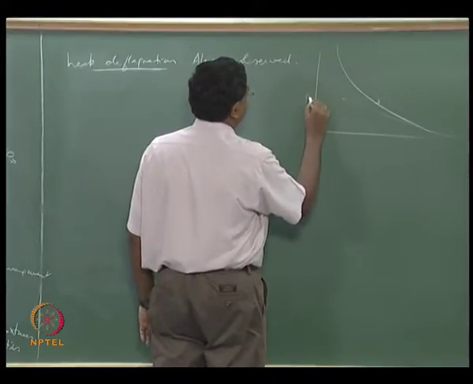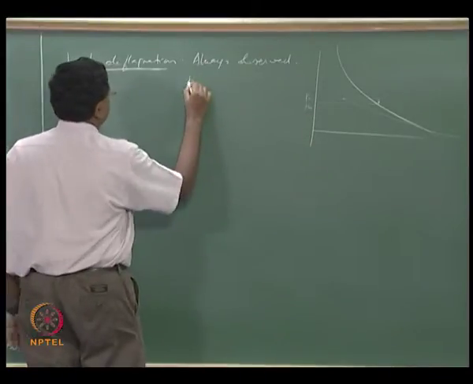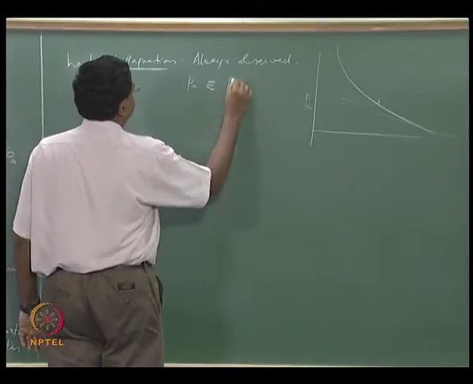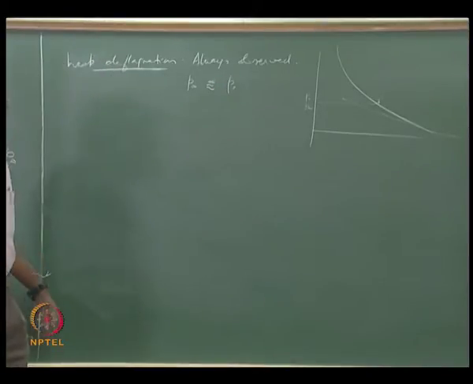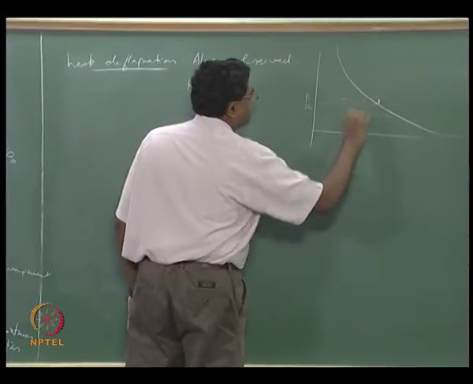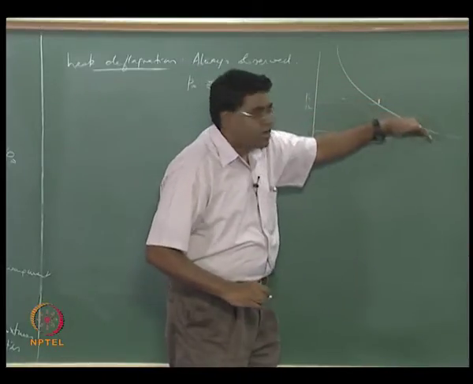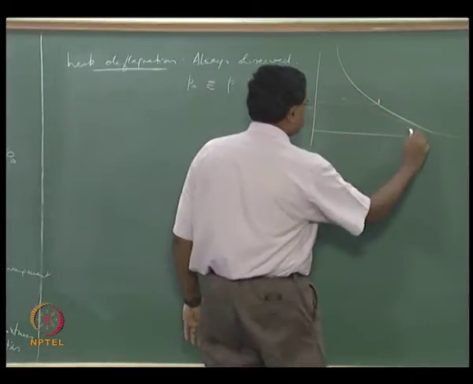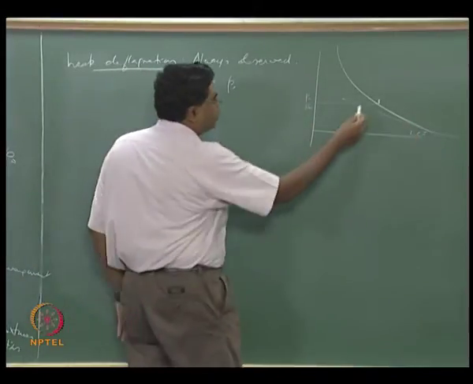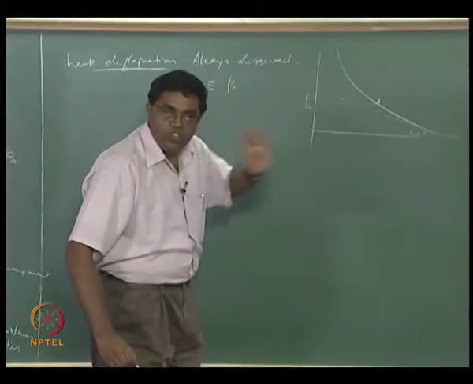That means if this is your P naught, P infinity is just about a little less than P naught. So most of your weak deflagration is happening very close to the original P naught and very far away from the CJ. In other words, you do not even go all the way somewhere here, you are very close there. That is mostly what happens.